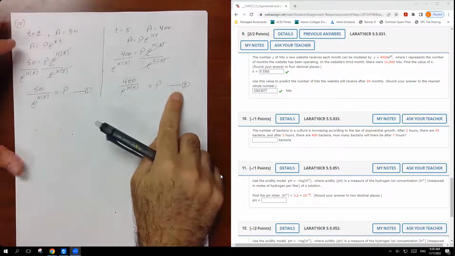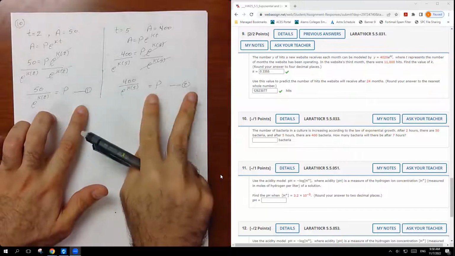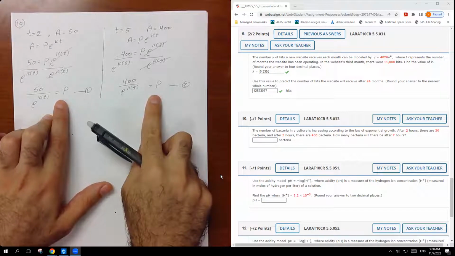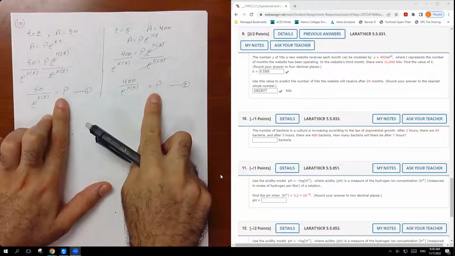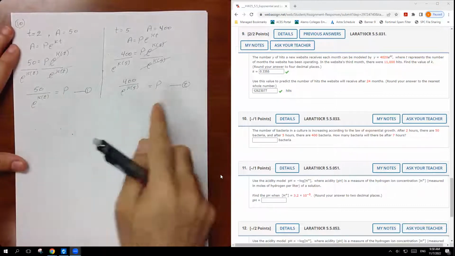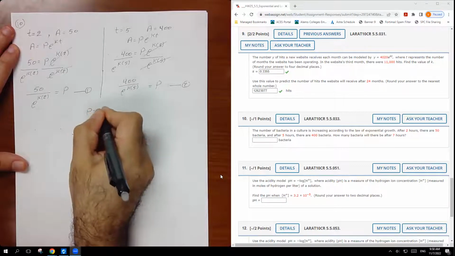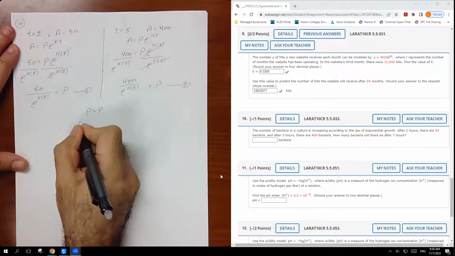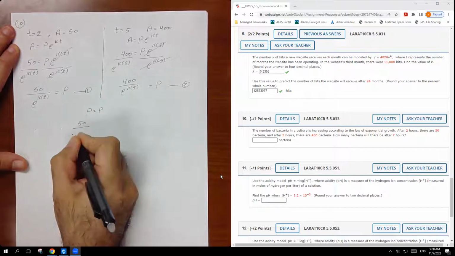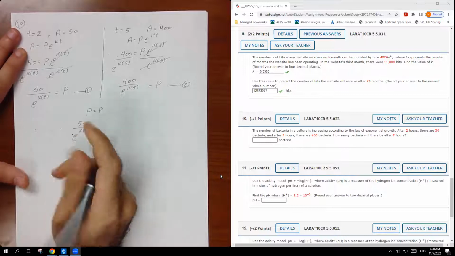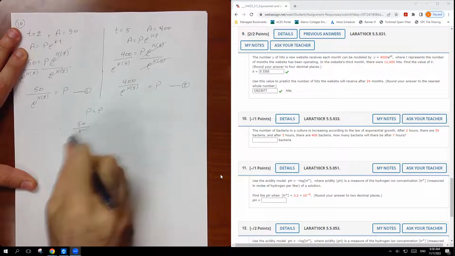Check between equation 1 and equation 2. Both are for the initial, and the initial is the same amount. That means P equals P. So in this case, let's do it here on the side.